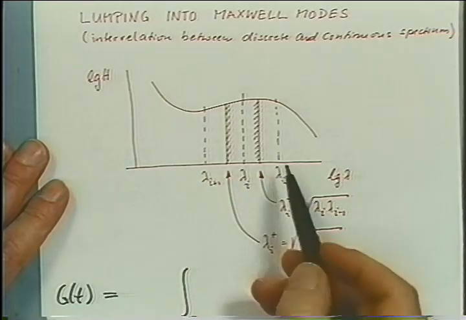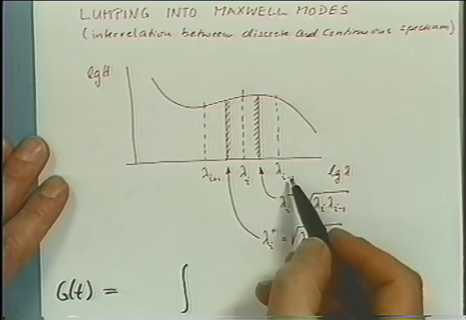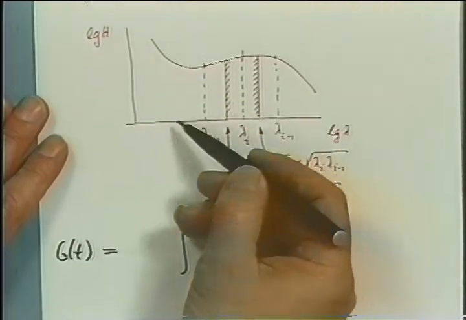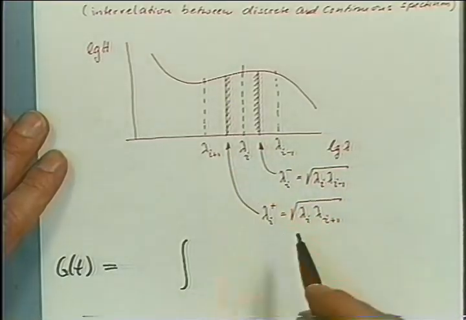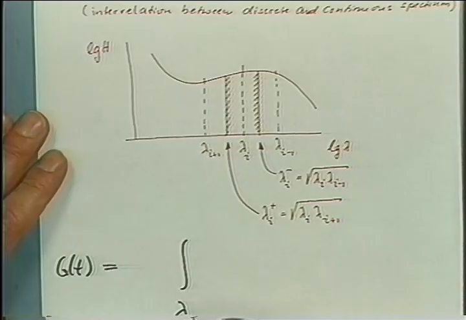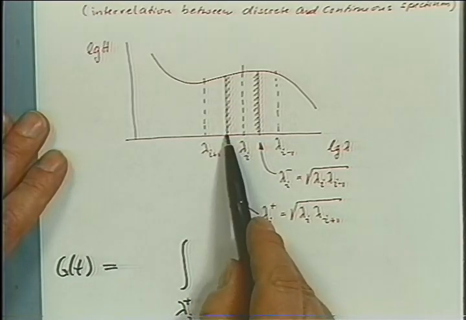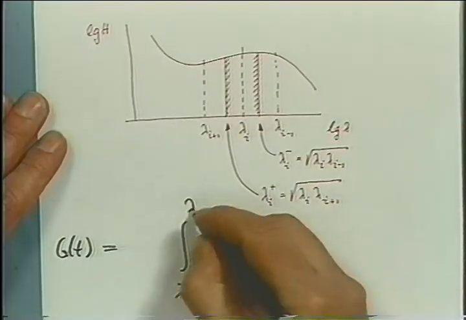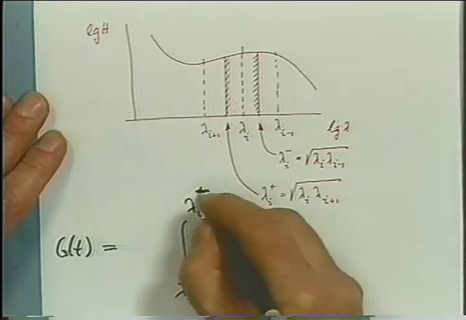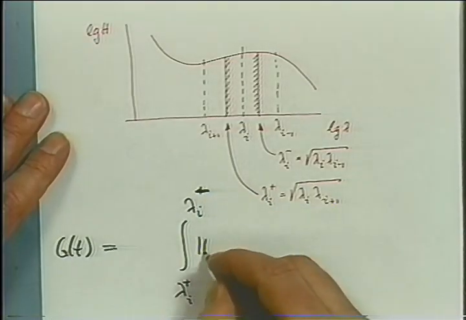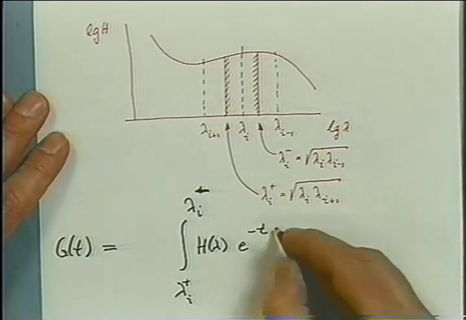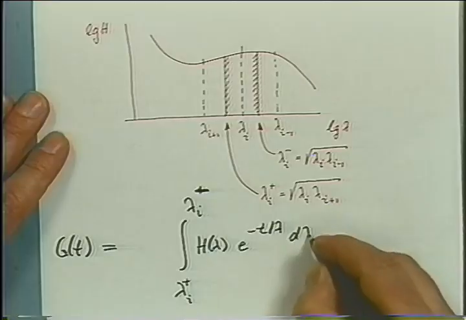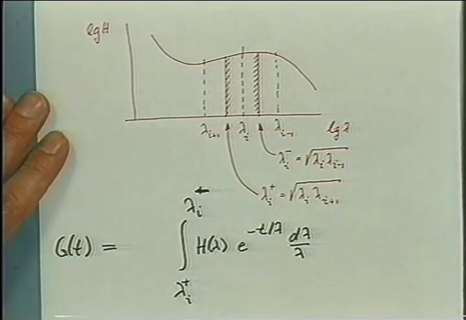Now, the relaxation times are counted from the long ones to the short ones. So we will here have an integral from lambda_i plus, this is the boundary with a lower time, to lambda_i minus, and this is given by the relaxation spectrum times e to the minus t over lambda, d lambda over lambda.